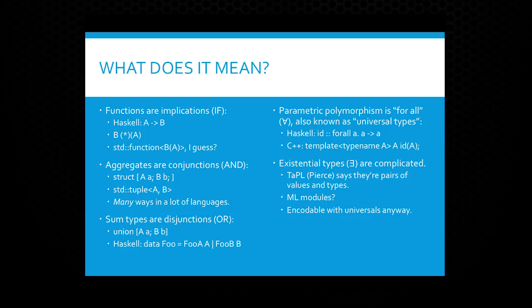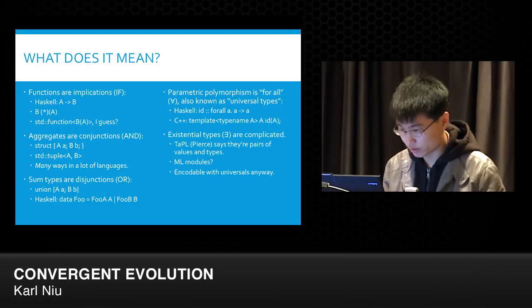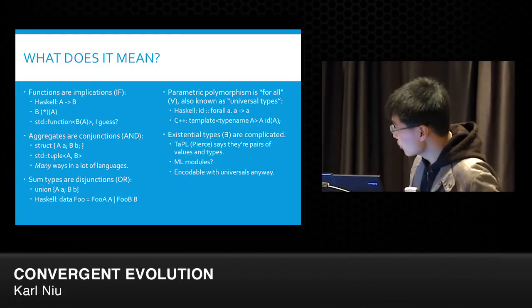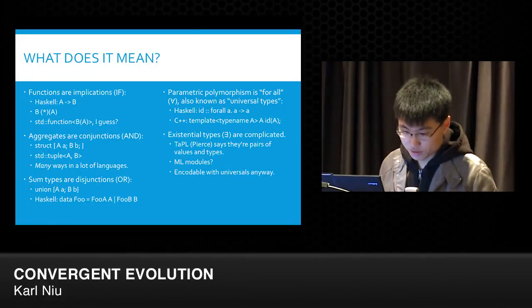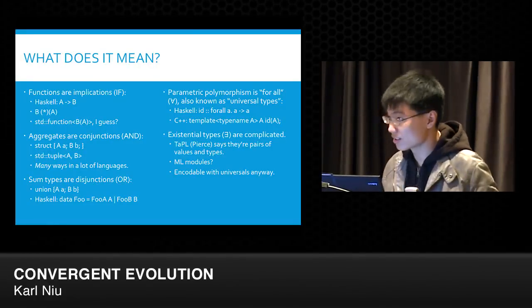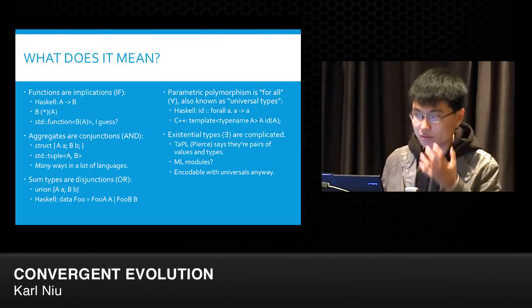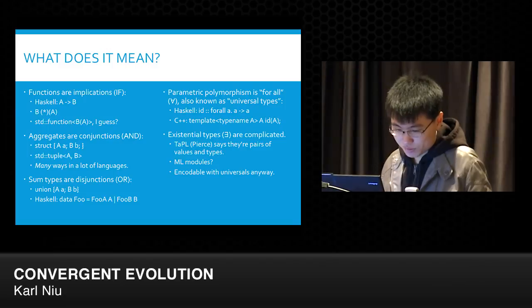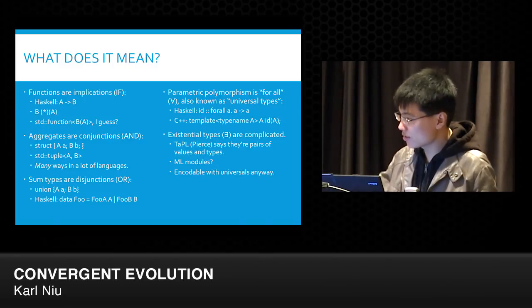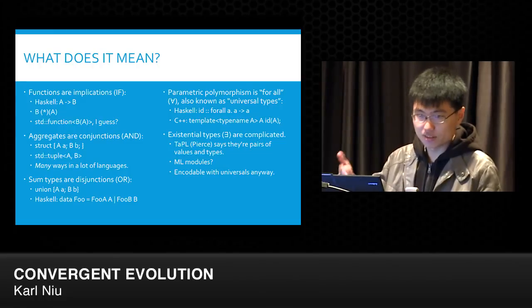Now, what does this mean? A very rough interpretation of the types in C++ is that you've got functions. Functions are implication, which is why Haskell uses an arrow. Any sort of aggregate is and. Obviously, if you want two values together, you need both. Some types, unions, Haskell has algebraic data types.